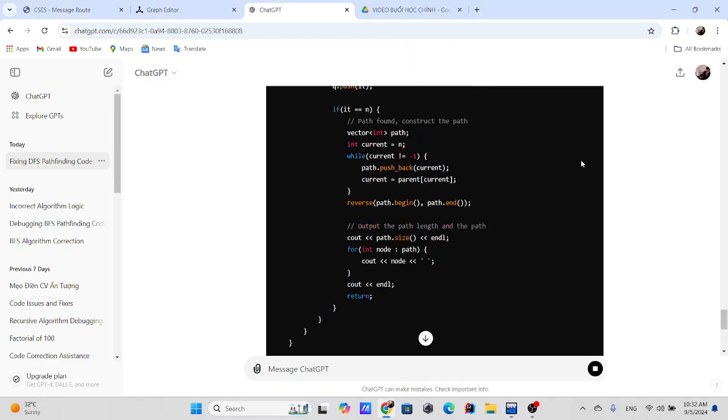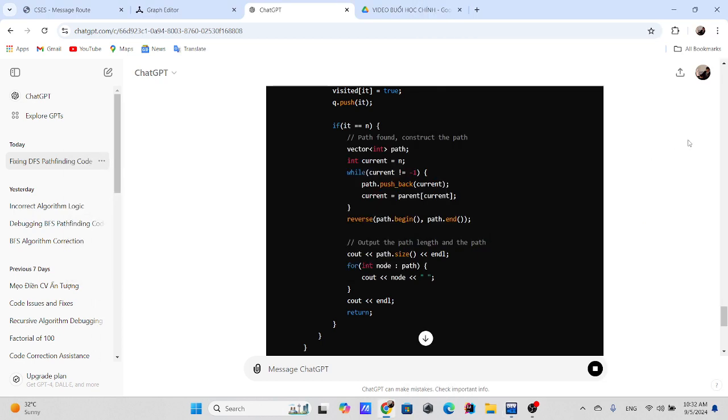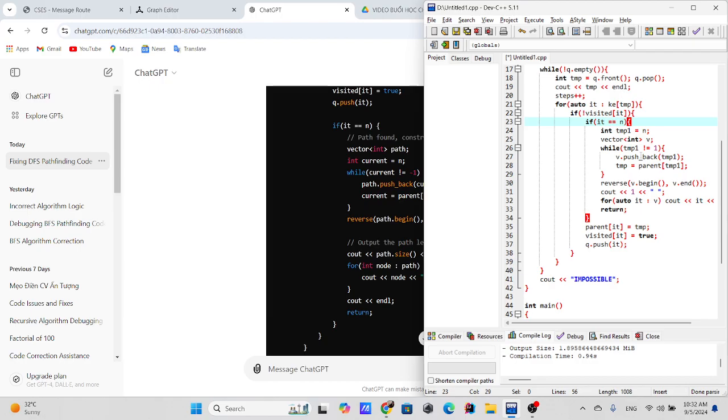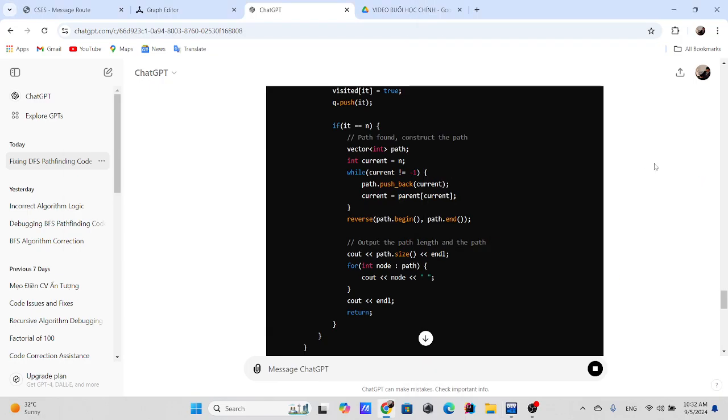Vector v. Current is n, right? Why temporary is equal, it's different than what? Path dot pushback. That's correct. Reverse it.